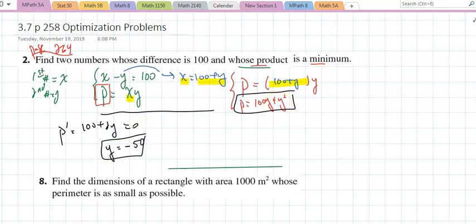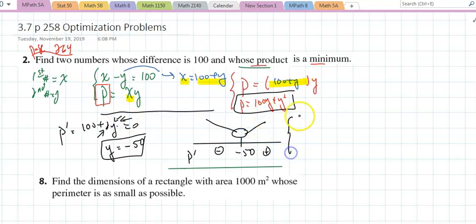If I do my testing, if I pick a point to the left of negative 50, say negative 52, that will be negative 4 plus 100, that's negative. And if I pick a point to the right, say 5, that will be positive. So this would be a minimum.